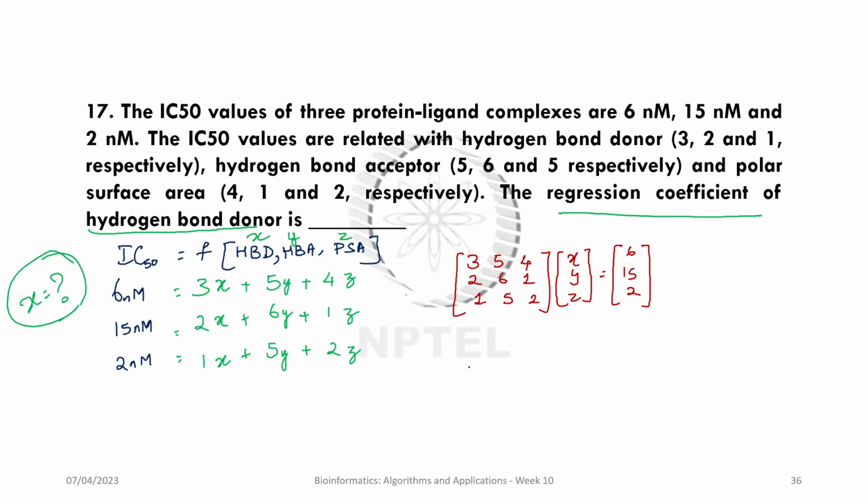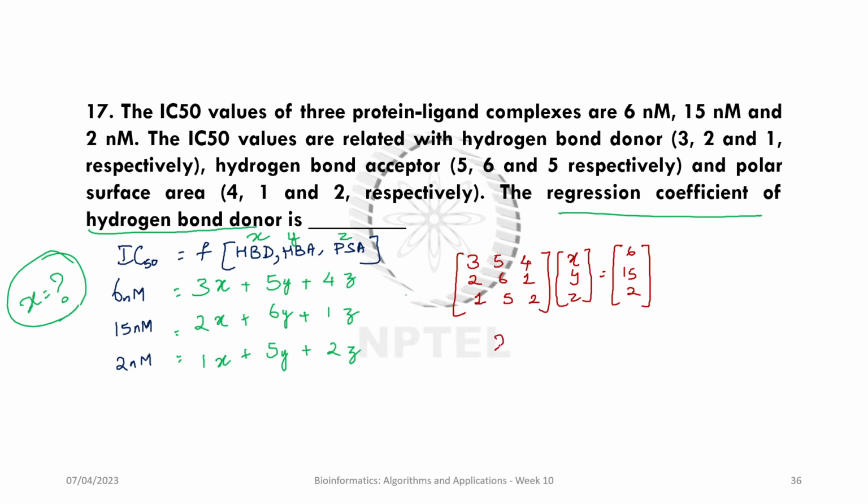A1 is 3, B1 is 5, C1 is 4, and D1 is 6. A2 is 2, B2 is 6, C2 is 1, D2 is 15. A3 is 1, B3 is 5, C3 is 2, and D3 is 2 again.